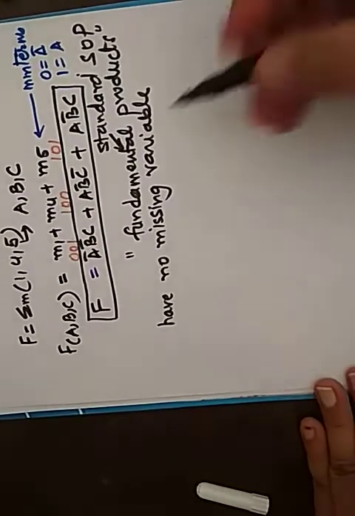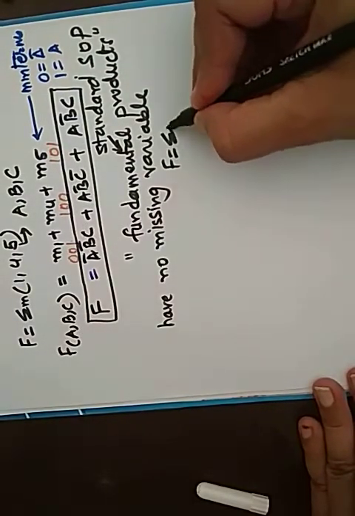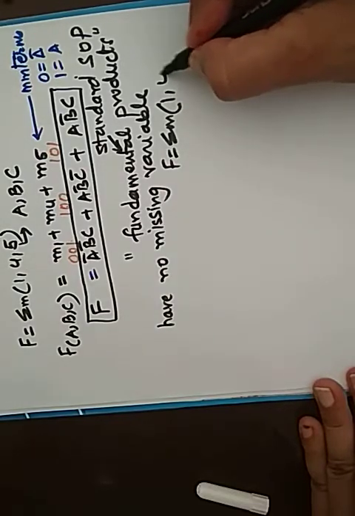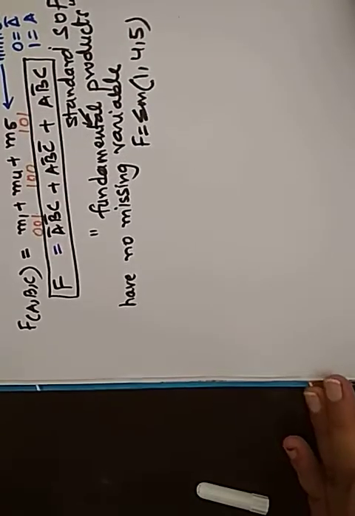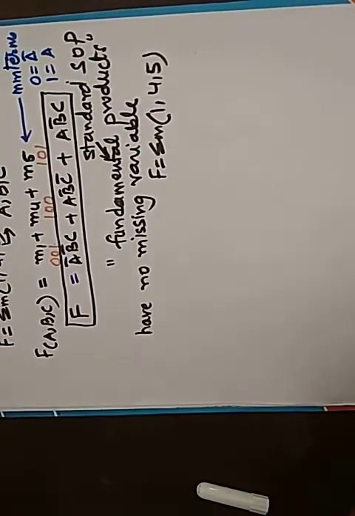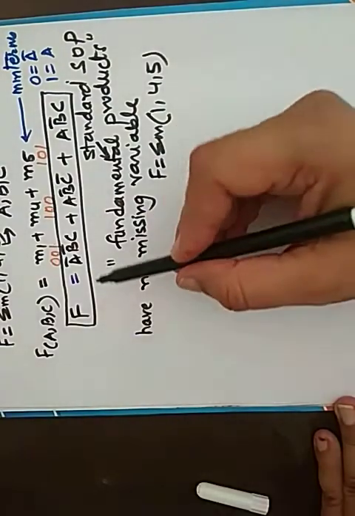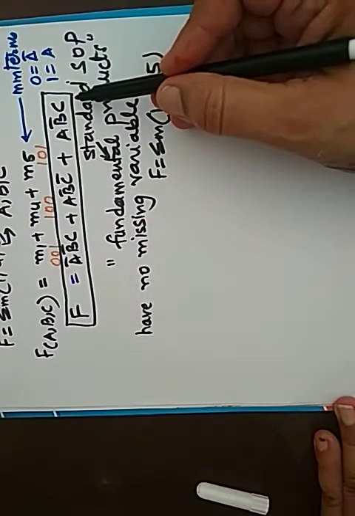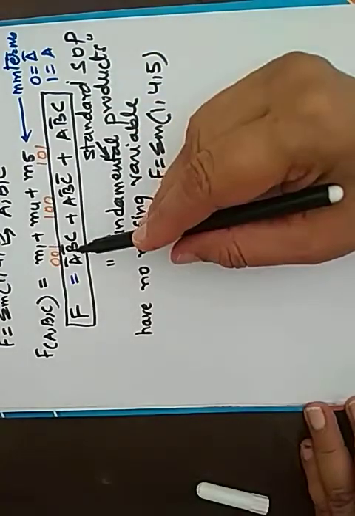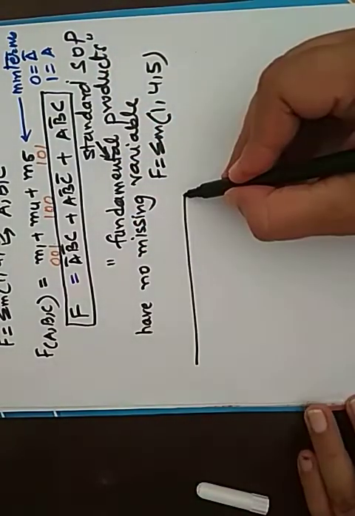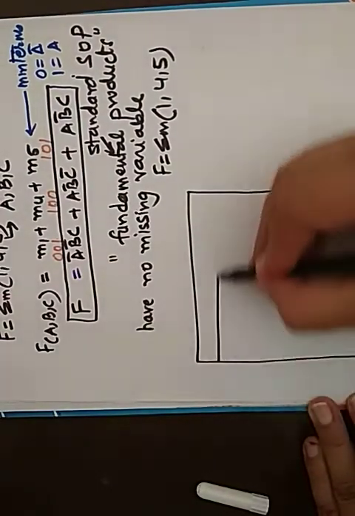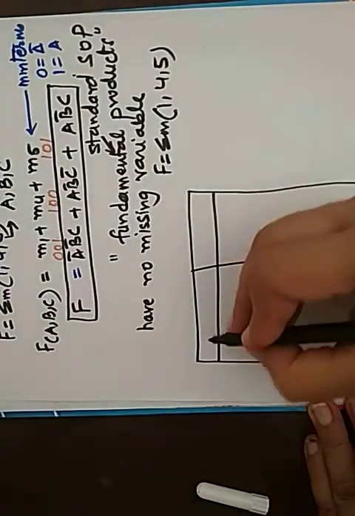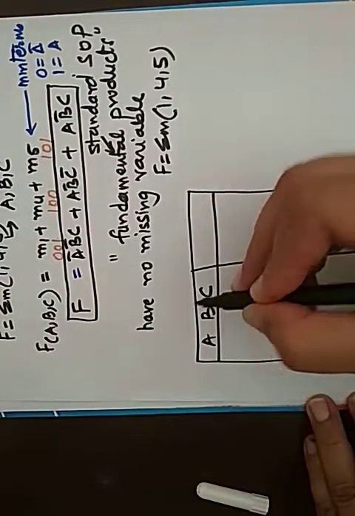Okay. So if we are given a function, this function we started with 1, 4, 5, let us see how to draw the truth table. We just saw that this function is a representation of the Boolean function. It shows us that there are 3 input variables A, B, C, and the terms are 8.